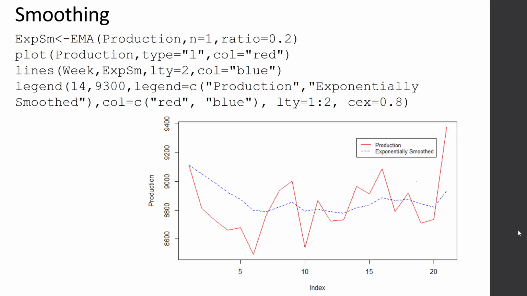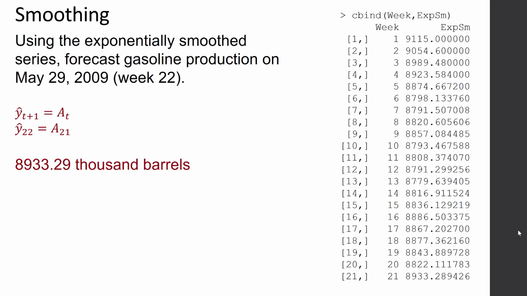And then I plotted it again, type equals L, I colored it red, used the lines function to plot week against the exponentially smooth series, gave it a dotted line, line type equals 2, color equals blue, and again I put a legend on it. And you can see that this one's a little bit smoother than the simple moving average. And we can use it to make a forecast.